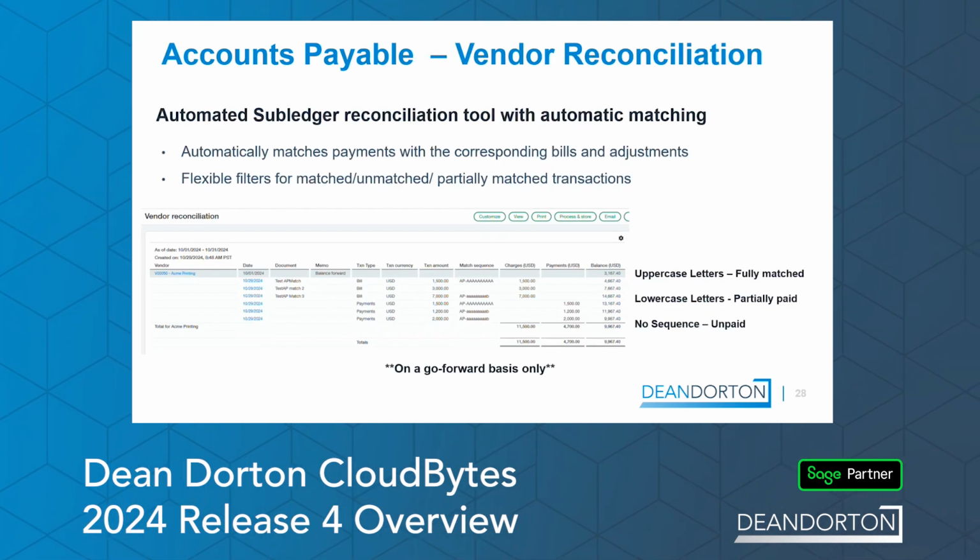Once you turn it on inside the system, a note on both of these, it's a go forward basis only. So it's not going to delve back into the vendor or customer history and help do any reconciliations. It will go forward from the moment you turn it on. But it matches payments with the corresponding bills and adjustments, and you have control with your different filterings as far as those matches.